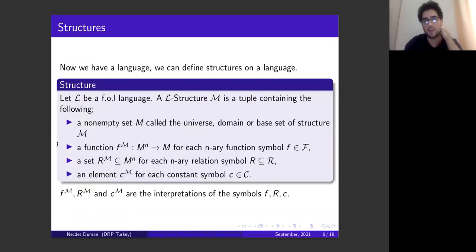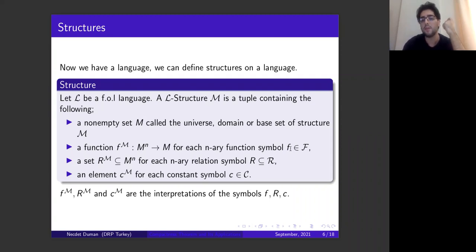So now that we've defined the language, we can define the structure. Let L be a language. A structure on the language is a tuple, where the first entry is called the universe or base set. For the rest of the entries, whatever symbol we have in our language, we will have a corresponding object in the structure.